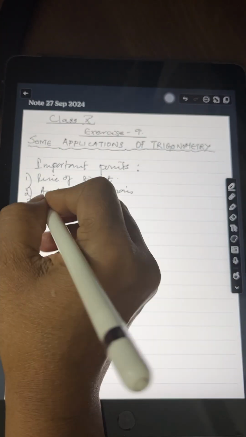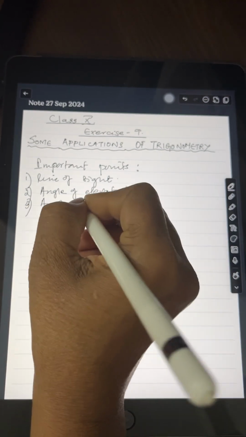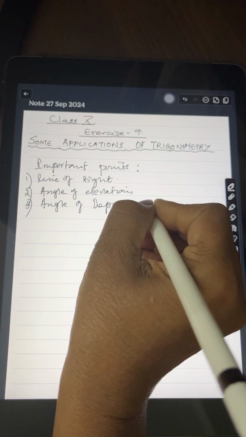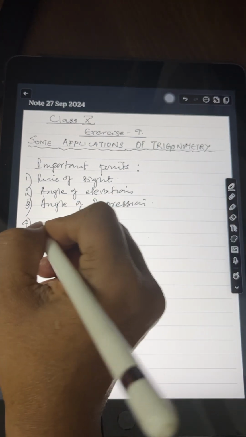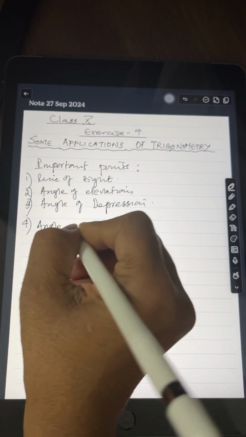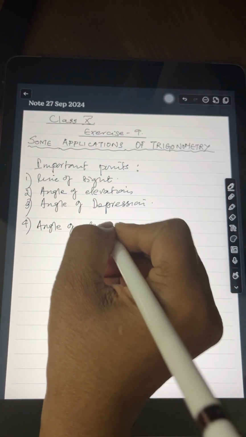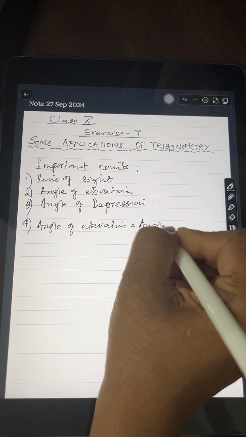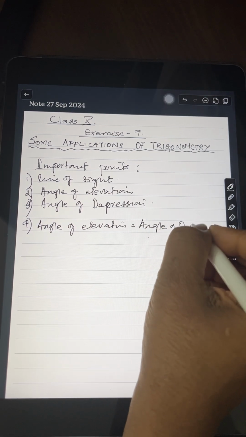The third one is angle of depression. And the fourth one is that the angle of elevation is equal to the angle of depression.